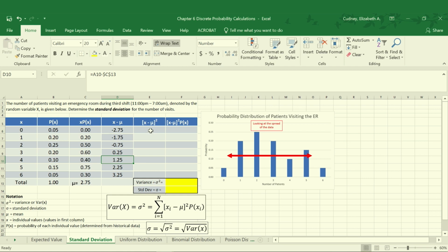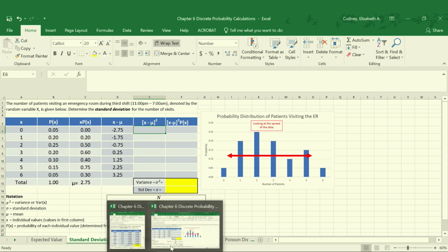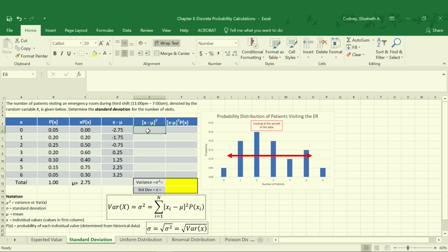The next step is to take what I just calculated in column D and square it. So I'll set that equal to cell D6, and then I'll square that value. So my caret and then 2. And then I'll drag that value down as well.